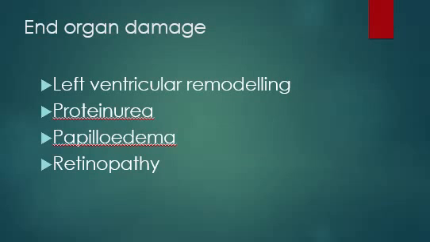So the end organ damage can show a few changes. Left ventricular remodeling, which you could see using echocardiography, and you might get an idea of it from the QRS amplitude on an ECG as well.